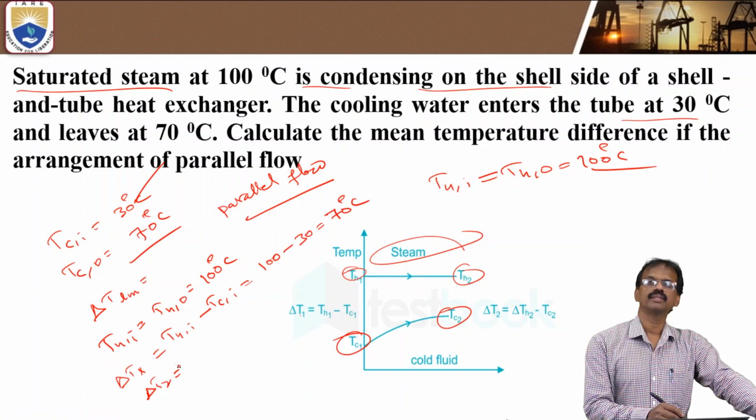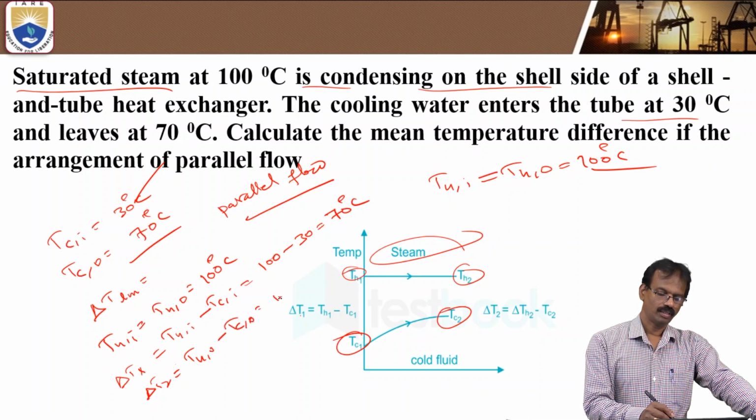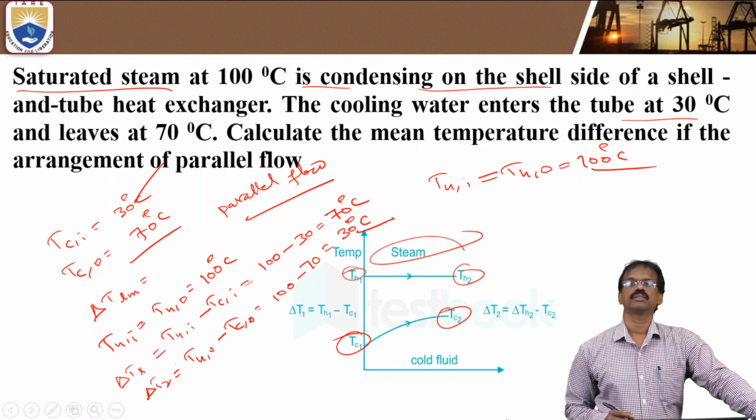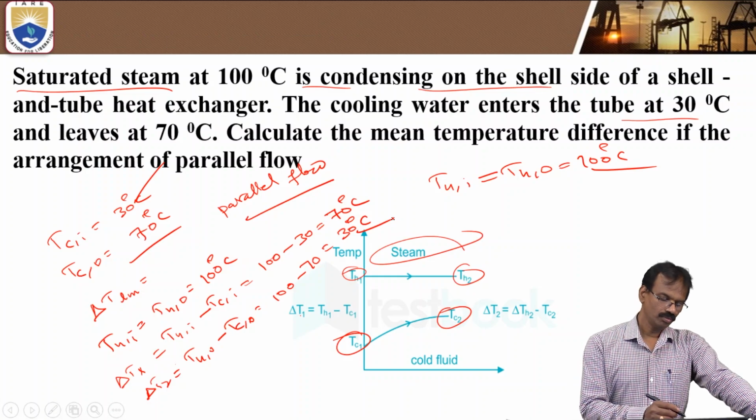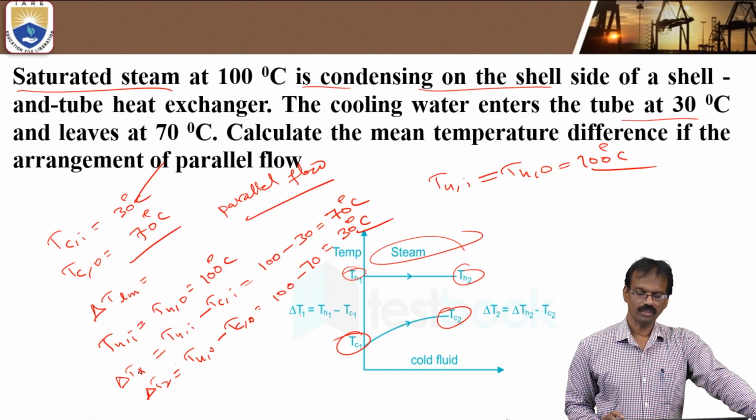Similarly, delta T2 is hot fluid outlet minus cold fluid outlet, 100 minus 70, equal to 30 degrees Celsius. So you know delta T1 and delta T2, then you can find out the delta TLM.